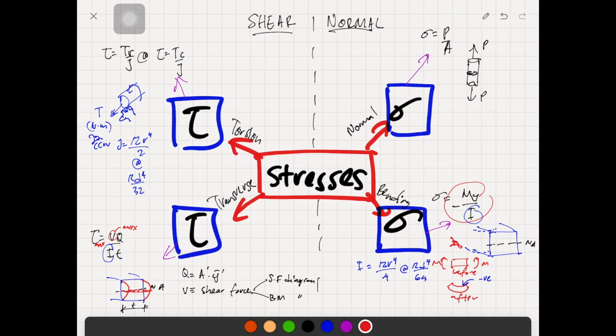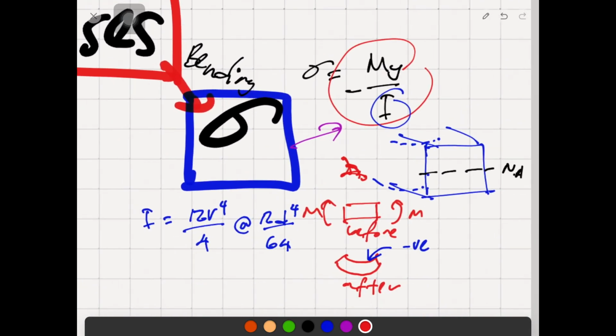The outer fiber, that is the word they use in some textbooks. This is opposite to bending stress, where the maximum is at the outer fiber if you draw it in three dimensions.